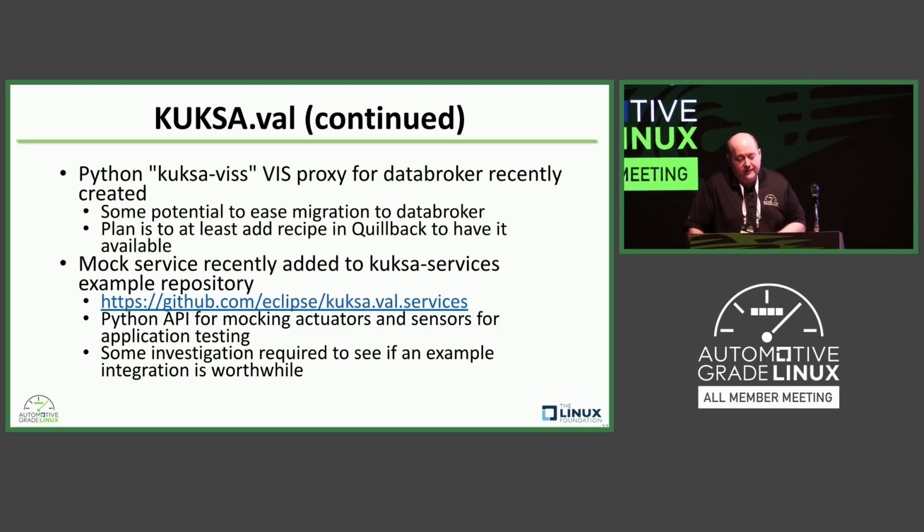Another new thing is the upstream folks have written a daemon called KUKSA.vis, which is a VIS proxy for the databroker. It solves the problem that the databroker doesn't implement VIS directly. So this would give you a WebSocket API that you could still use, and hopefully ease the migration.